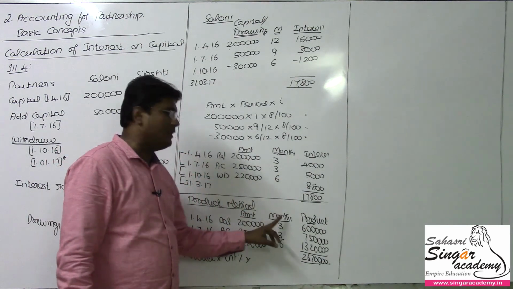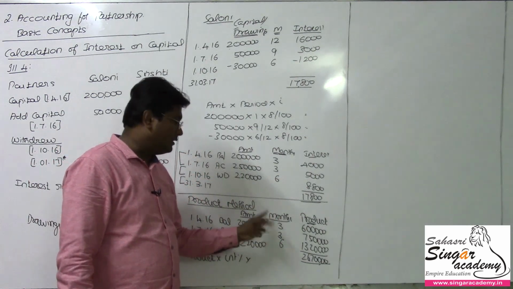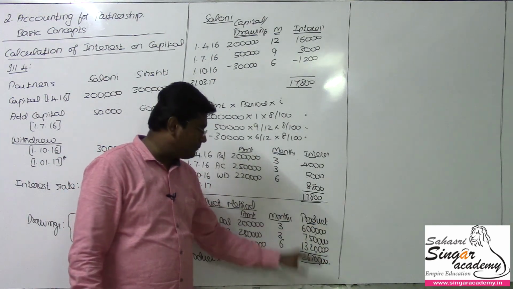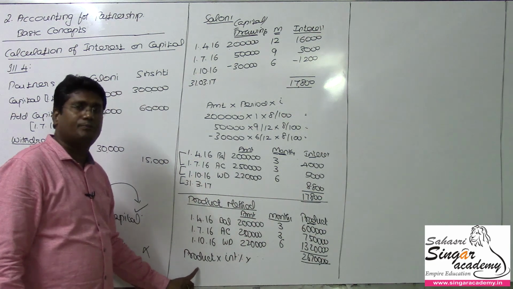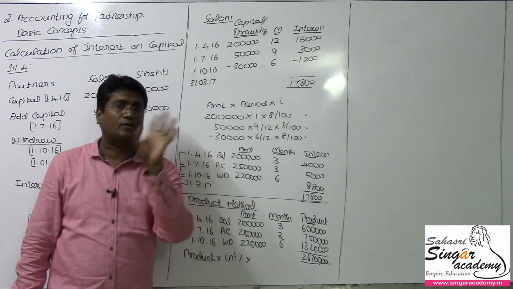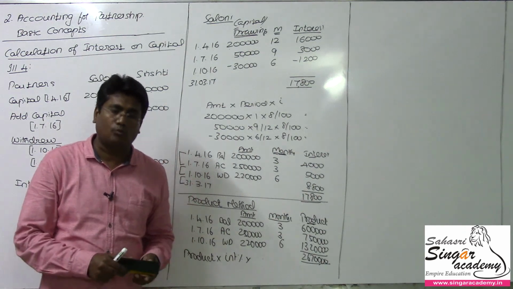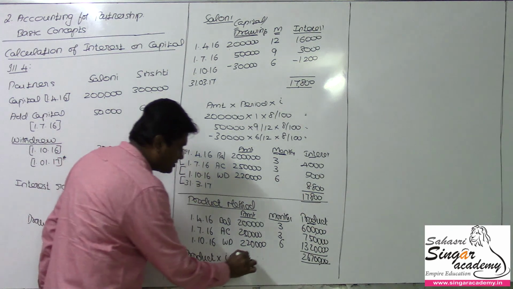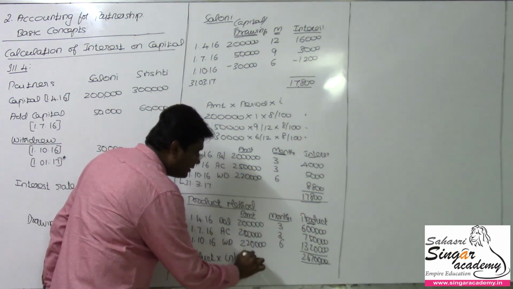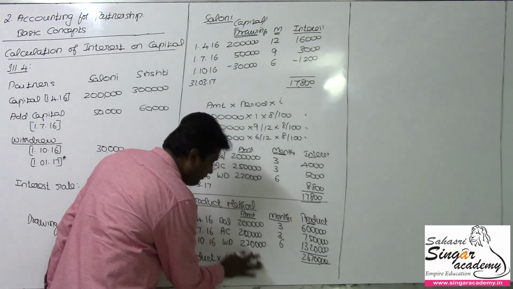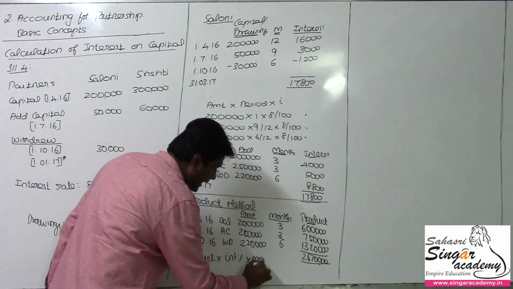So, this amount available in the month, rather than month, the days, is multiplied and the product is arrived at. And the sum of that entire product is multiplied by the rate of interest into, as it is for the day, you have to calculate the day's interest into 1/365. So this is the summation of product into rate of interest into 1/12 for monthly. Okay, for the month you have to calculate, not per annum.